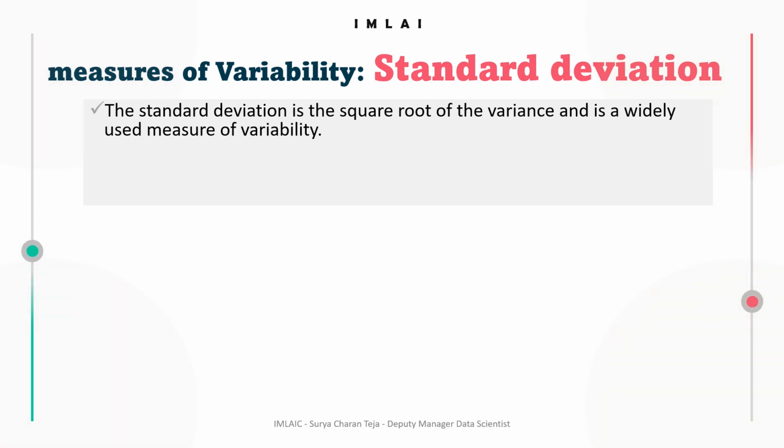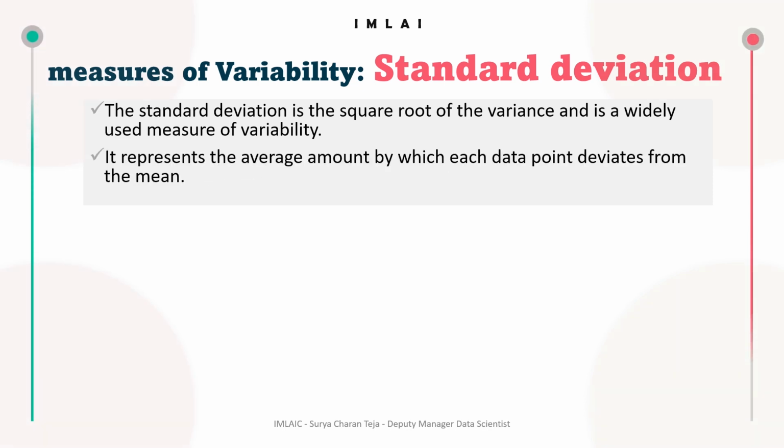A smaller standard deviation indicates that the data points are closely packed around the mean, while a larger standard deviation indicates that the data points are more spread out.